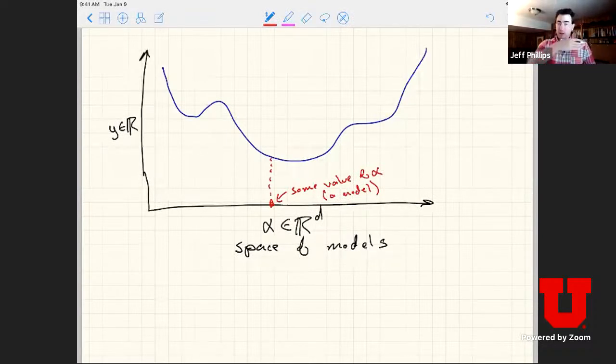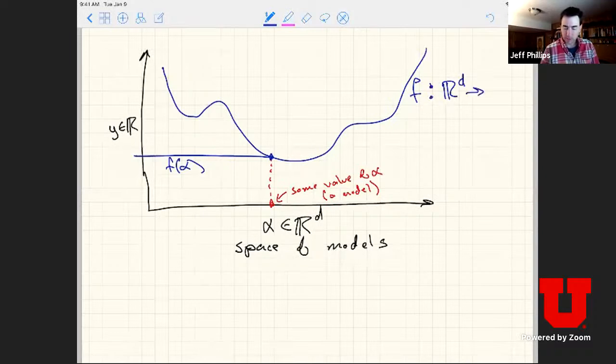For every value alpha on the x-axis, there is a function value. This is going to be f at alpha, where f is some function that goes from R^d to R.